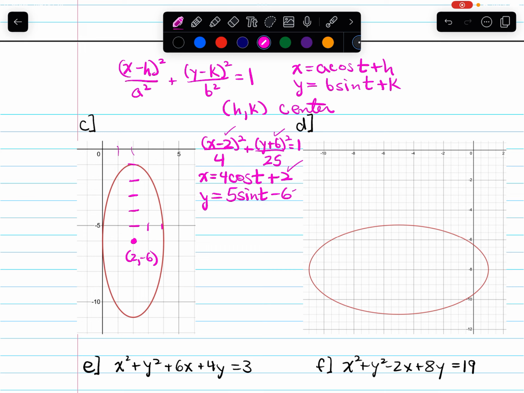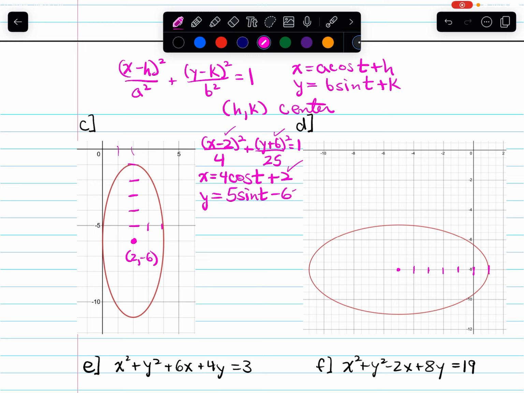Now, the scaling on this you have to be careful of. Let's see what the center is. It looks like maybe this is about the center right there. And it looks like every 2 little notches is 1. So this is 1, 2, 3, 4, 5, 6.